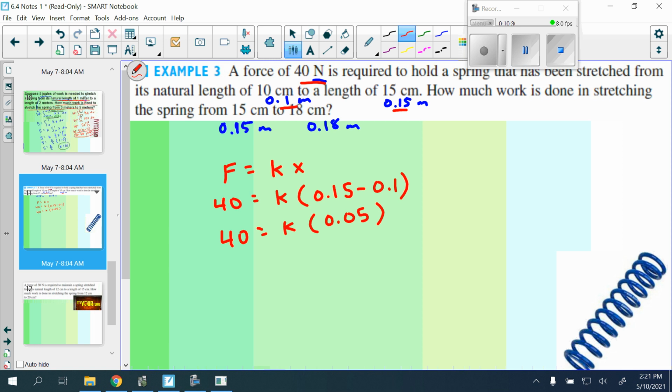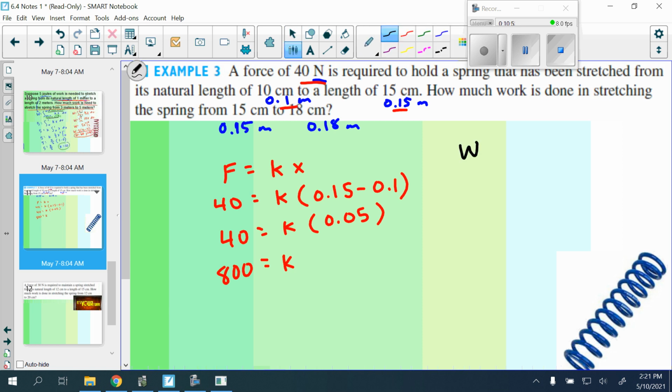So now if we divide, we can get our spring constant. If we divide 40 divided by 0.05, that's going to give us a spring constant here of 800. So there's our spring constant. Now we can use that to answer the second part of the problem.